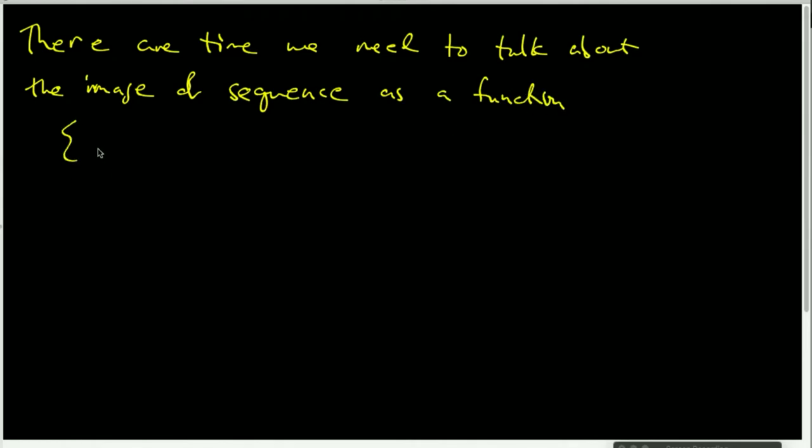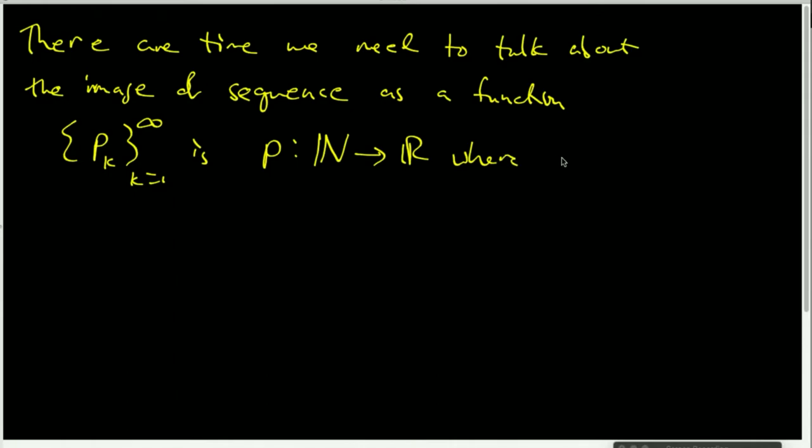And so I want to remember that any sequence is implicitly a function that goes from the natural numbers to the real numbers, where P of k is just the kth term of the sequence.